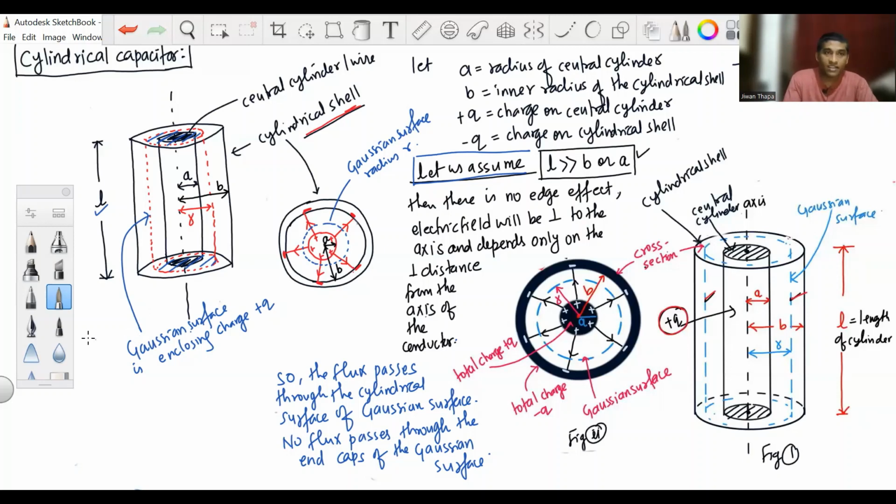So as I said earlier, in order to find the capacitance, we use the concept of Gauss law and the potential difference between the central cylinder and the cylindrical cell. Okay, so we need to understand this. Now we can see in figure 2, electric field lines are starting from the positive charge and terminating on the negative charge. That is, they are starting from the central cylinder and moving towards the cylindrical cell. So we have this.